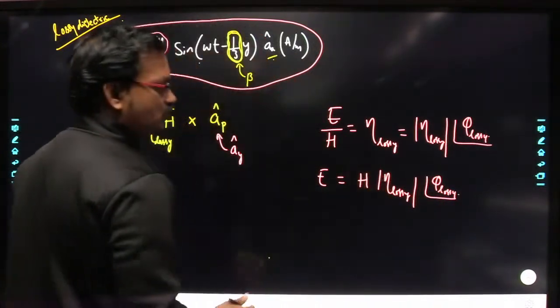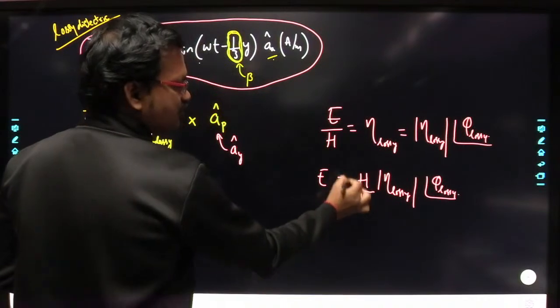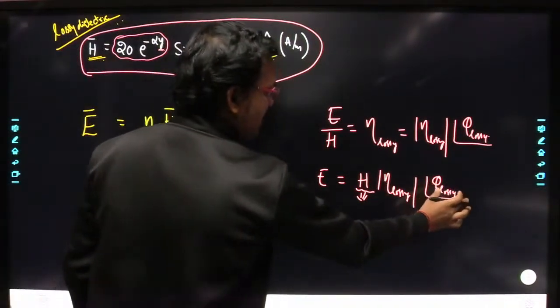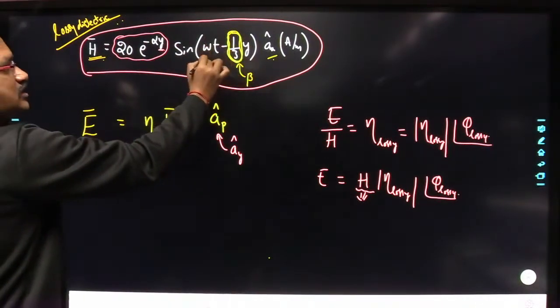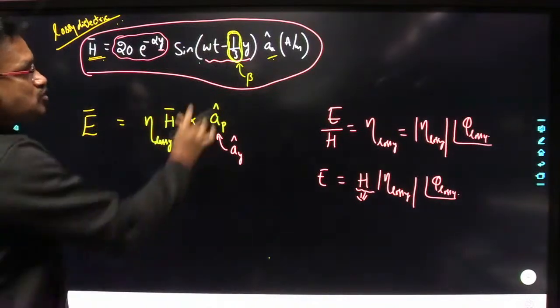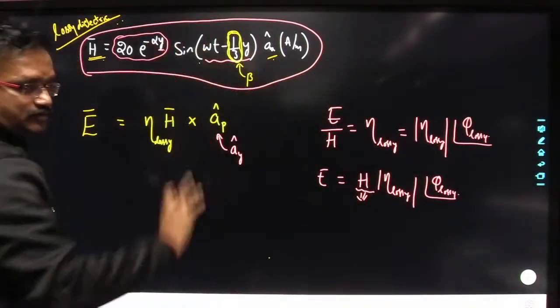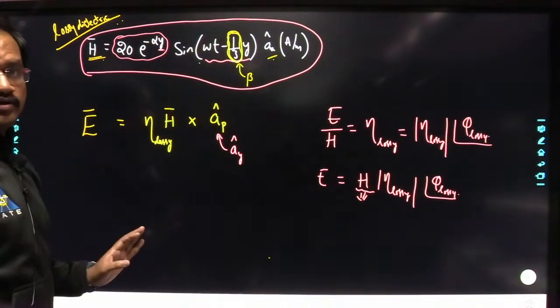So what you have to do here is just multiply the amplitude of the H field with eta lossy, and this phase shift has to be added in the expression of what? In the phase term. Yes or no? So in the phase term, you have to add this phase shift. That's how you have to write the expression for electric field, right?